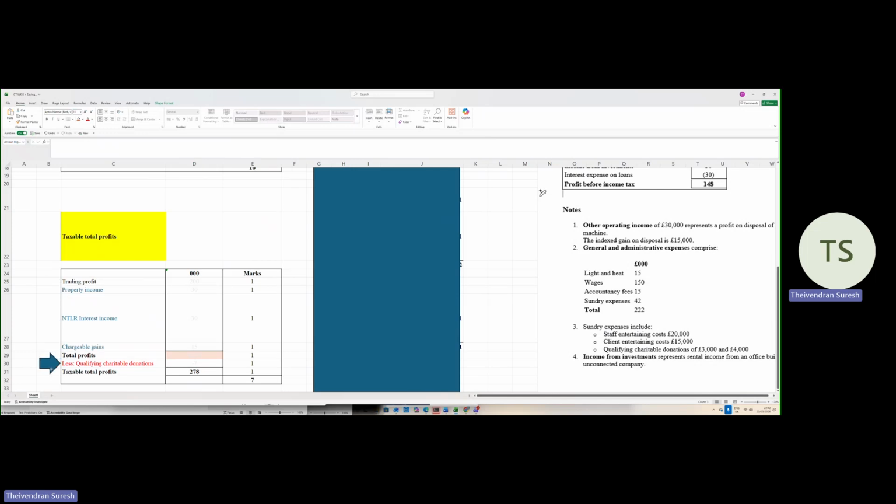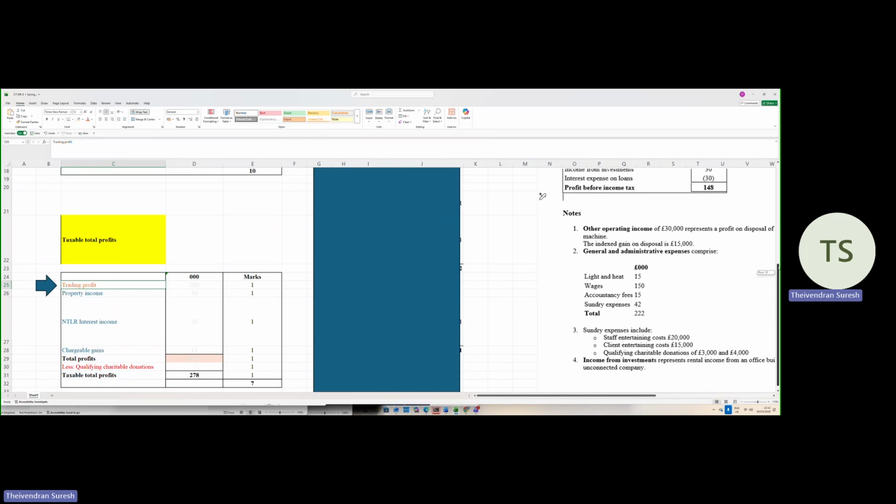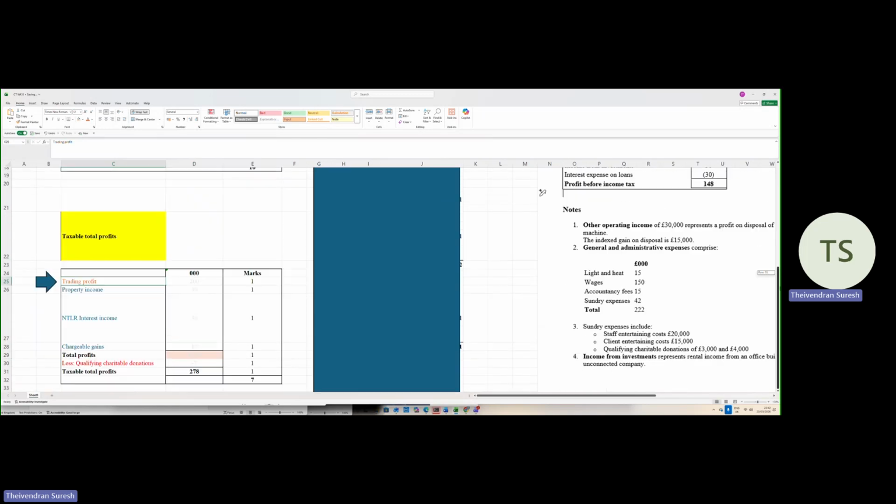From that, we deduct the qualifying charitable donations and arrive at the taxable total profit. But finding the first number, the trading profit, is where we have to do additional working. Let me first read the question and fill in the easier items, and then I'll do the trading profit thereafter.